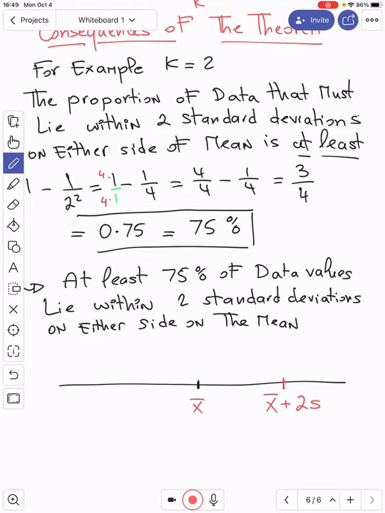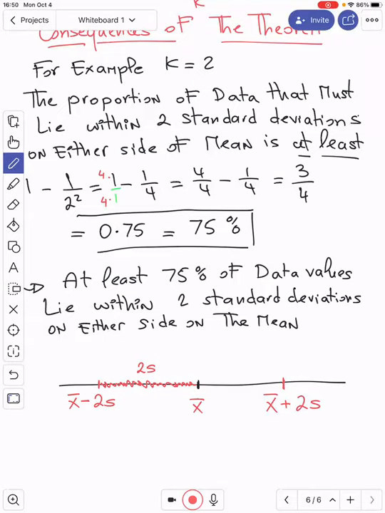And on the left side, that would be X bar minus 2 standard deviations, right? As you can see, guys, the length of the interval from X bar minus 2s to X bar would be 2s, because the difference between X bar minus 2s and X bar is just 2s.